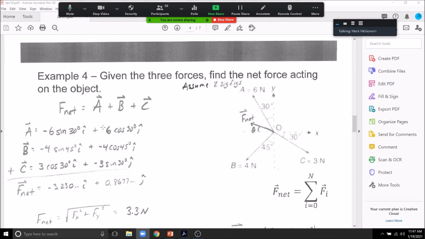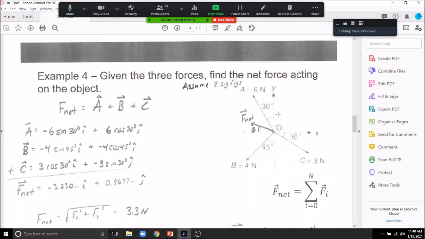I do the same thing for the j hats, add all of these up, punch this in my calculator, and I end up getting 0.867 j hat. So as you can see, based on the components of this vector, I am working with a second quadrant vector. It has a pretty long extent in I and a very short extent in j. I've approximately drawn that out here so you can get a sense of what that looks like.